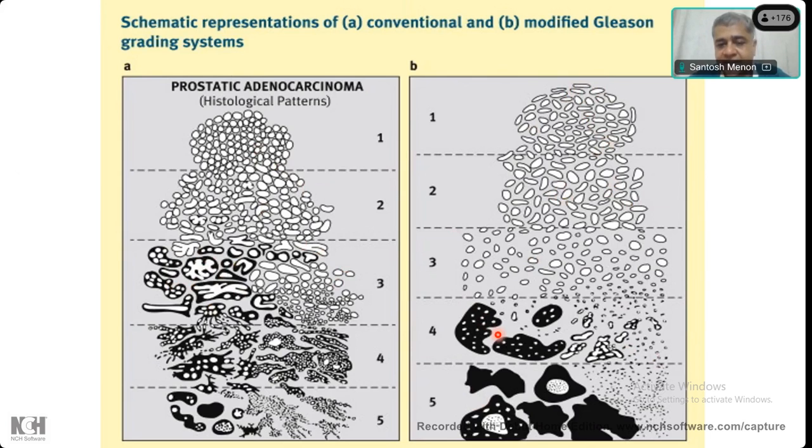What is left in pattern 3 is a very crisp, separated glandular pattern in which the glands are separate. You can draw lines around each of these malignant glands, and as long as you can, they are all pattern 3, even if they are very small. Understand?